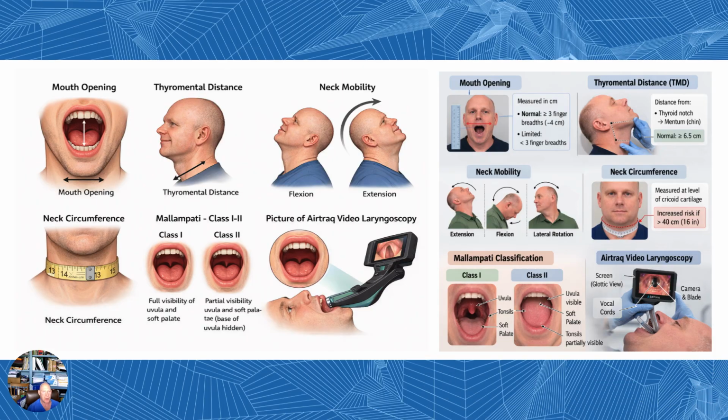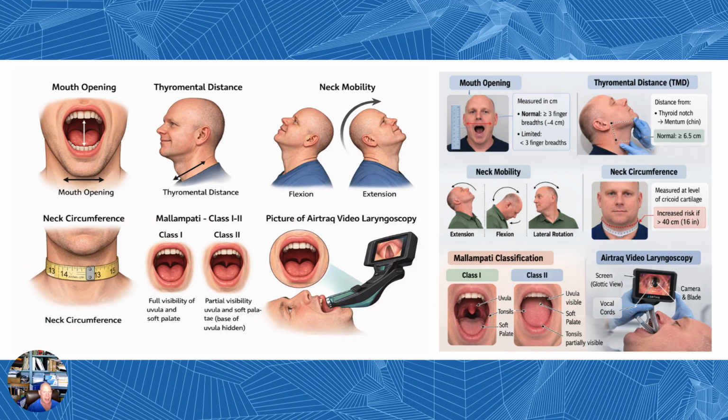Normal anatomy: we are looking at a patient's mouth opening, hopefully greater than 40 millimeters. We're looking at neck circumference, hopefully less than 16 inches. We're looking at the flexibility of the neck, where the patient can flex and extend properly.